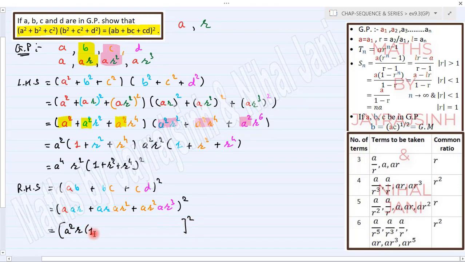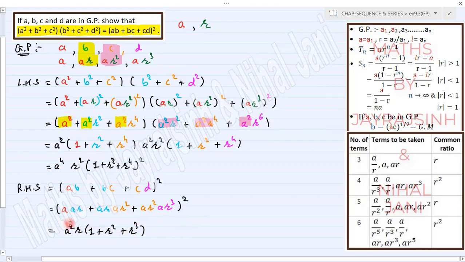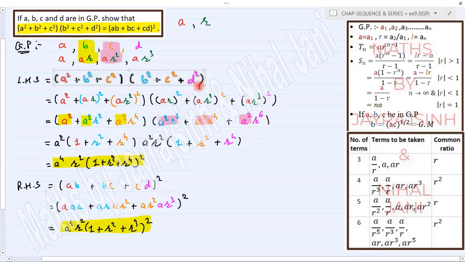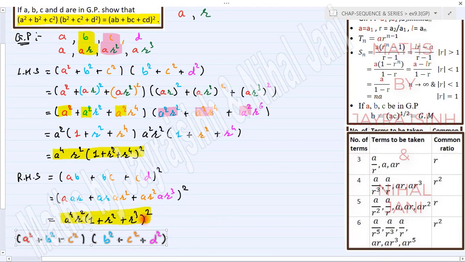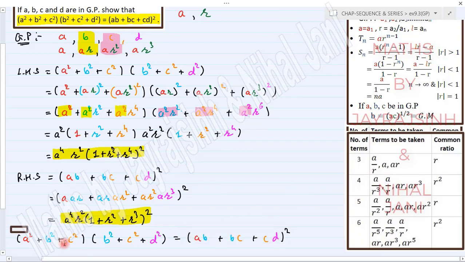So we'll get 1 plus r square plus r cube. If we give the individual square, we'll get a raised to 4 r square and the whole square. So we will get left hand side equal to right hand side. So we can say (a square plus b square plus c square) into (b square plus c square plus d square) is equal to (ab plus bc plus cd) the whole square. Hence proved.